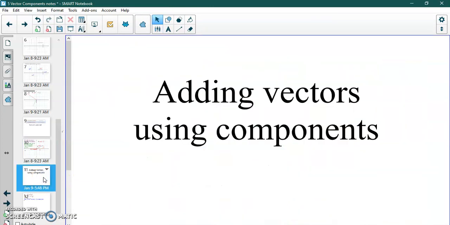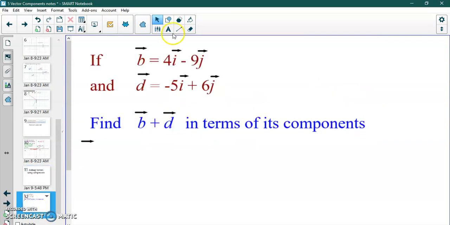Okay, last piece here. If we're adding vectors using their components, well, we've got these two vectors here, vector b and d. And if we have to find what vector b plus vector d is using its components, we are basically looking at these like like terms.